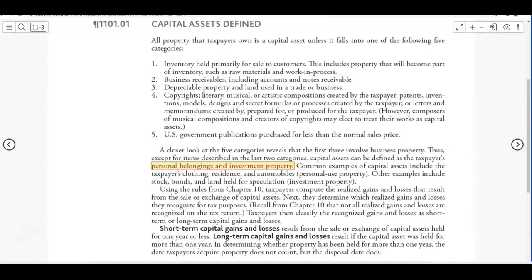Next, they determine which realized gain and losses they recognize for tax purposes. Because not every gain is taxable, but again, first you need to understand if it's realized or not. And after you know it's realized, then you decide to recognize it as a taxable gain or not.